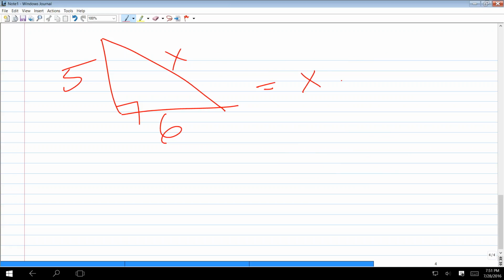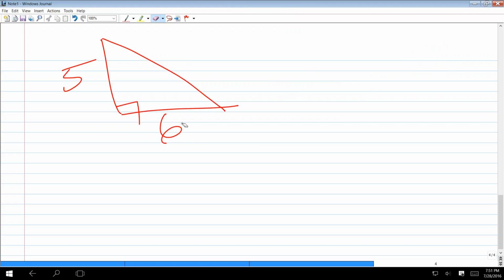So 5 squared plus 6 squared would be 25 plus 36. Hold on. I want always the first words out of your mouth to be square root of. The square root of 5 squared plus 6 squared. Perfect. That's all I care about.